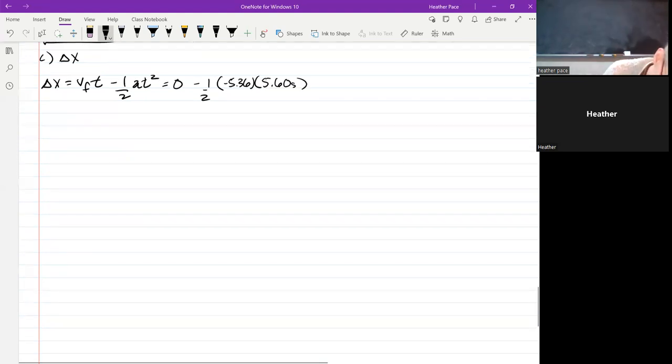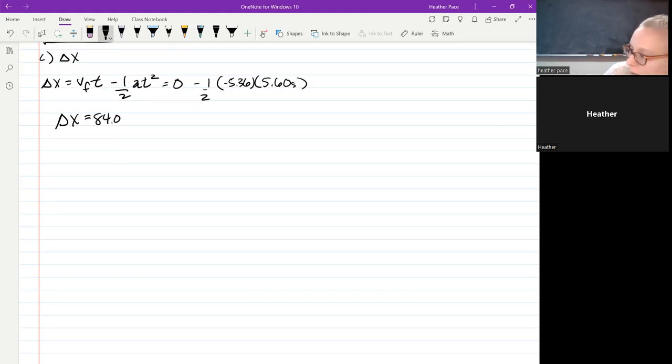All right, and you punch that into your calculator, and your answer is 84.0 meters. That's fun. That one used our kinematics equations and Newton's second law. Like it.